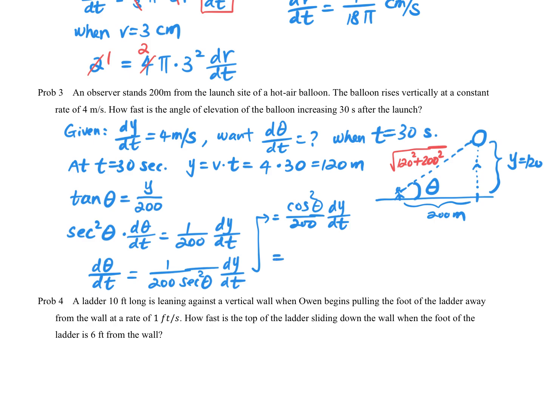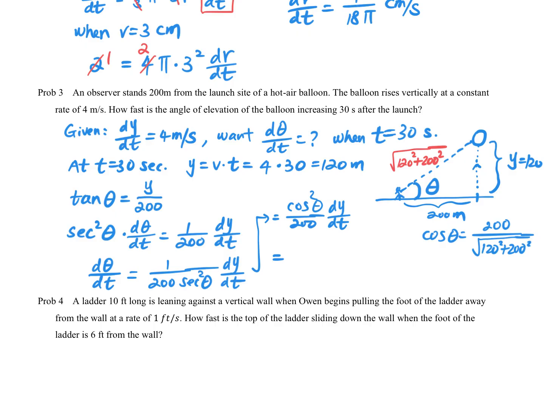So therefore, here I'm going to write cosine theta is actually 200 over the square root of 120 squared plus 200 squared, okay? And because I will square it, the square root will be gone after squaring, so I'm going to just keep this for now.